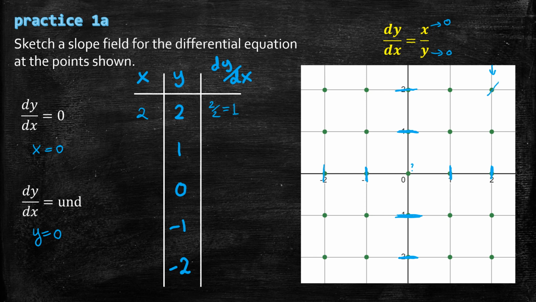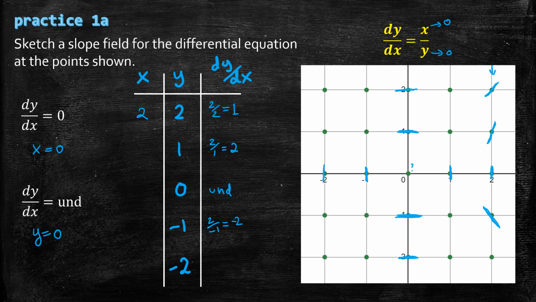That means we have a diagonal line segment of +1 there. This would be 2 over 1 equals 2, so we have a slightly steeper segment there. This we know is undefined. 2 over -1 would be -2, so we have a negative segment right there.